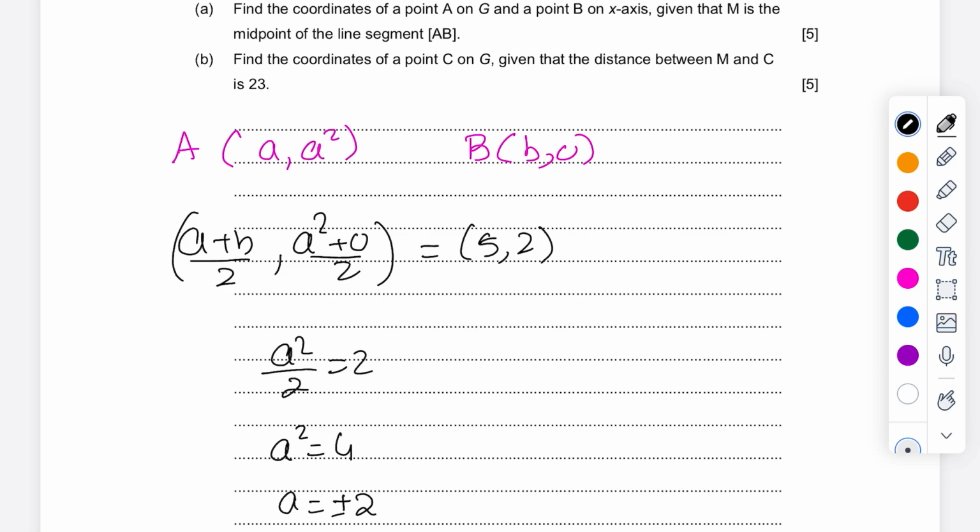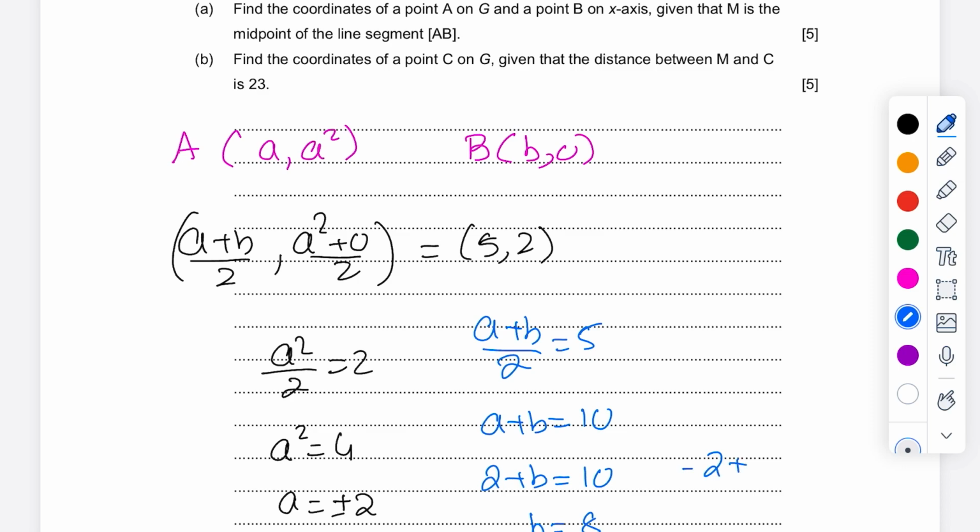Then what's the value of b from there? We know that (a plus b) upon 2 equals 5. So a plus b equals 10. If a is plus 2, then 2 plus b equals 10, b equals 8.